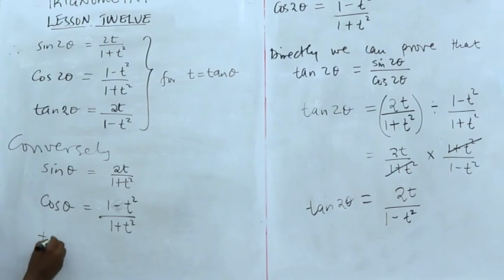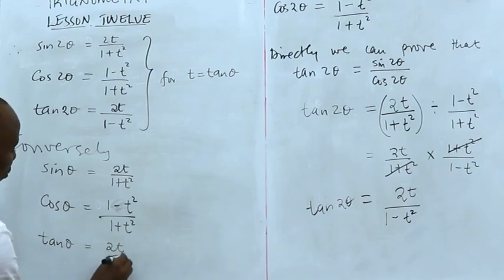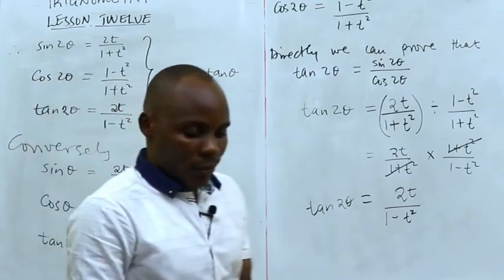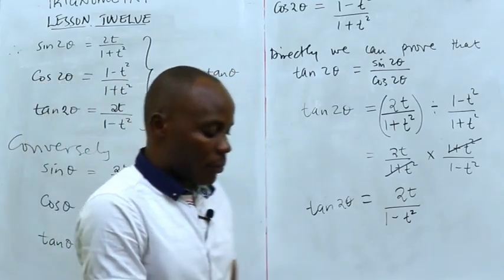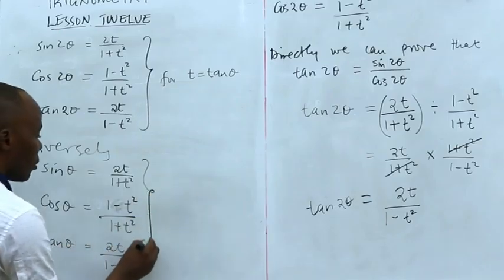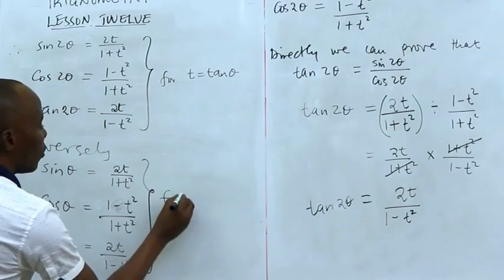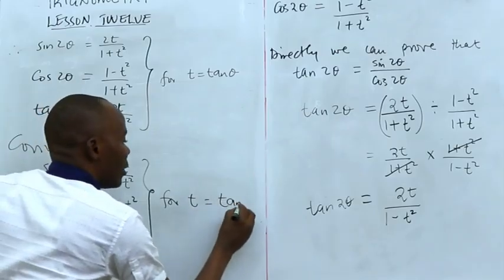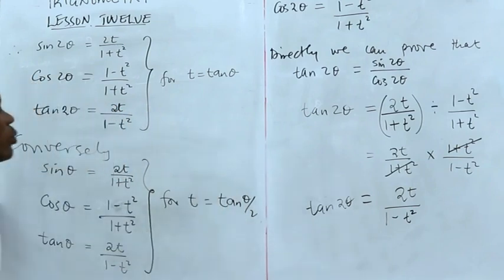And tan theta is 2t over 1 minus t squared, for t is equal to tan theta over 2.